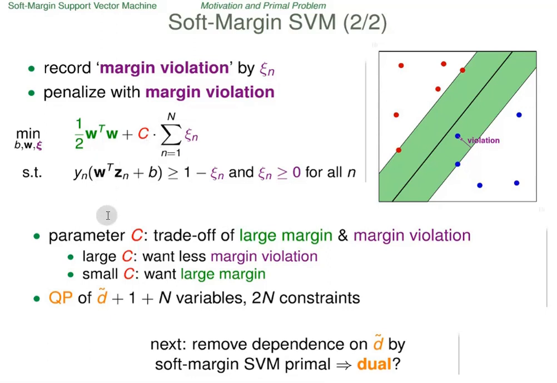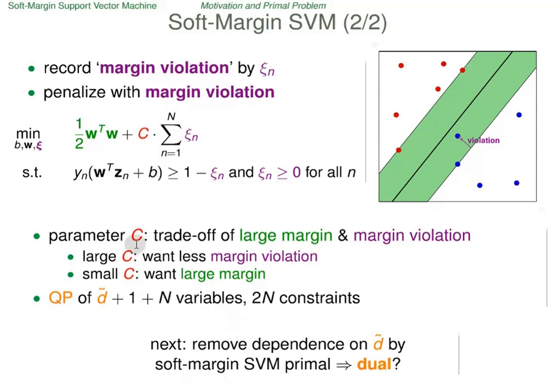Okay, so with that hope, we modify the hard margin SVM to the soft margin SVM by still allowing margin violations, some of the points like this. However, with the added penalty term, C times xi, to discourage large violations.